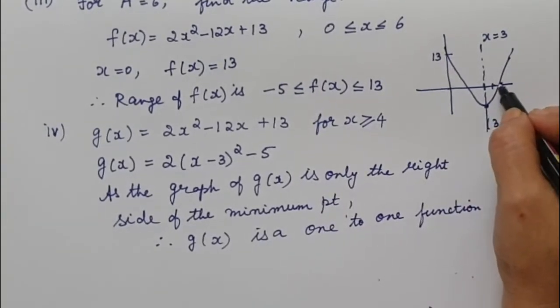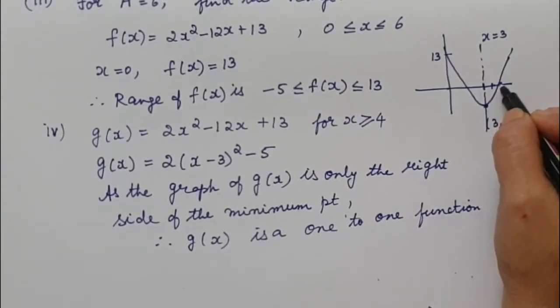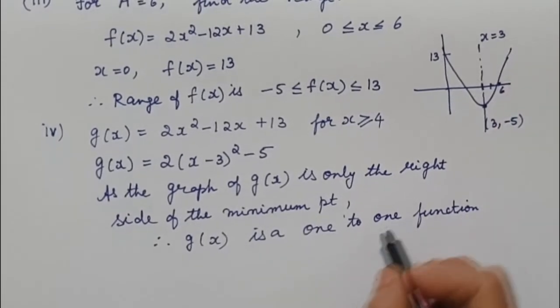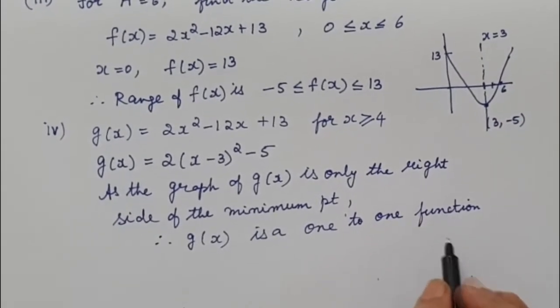That is, from 4 if you take, for every x value you have only one y value. That is why it is a one-to-one function.